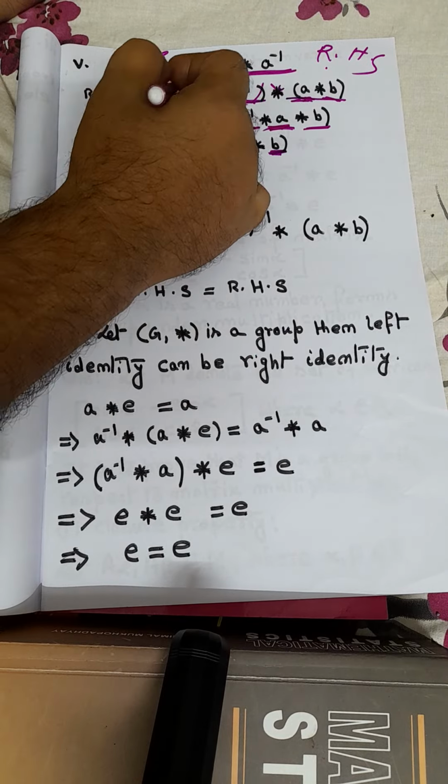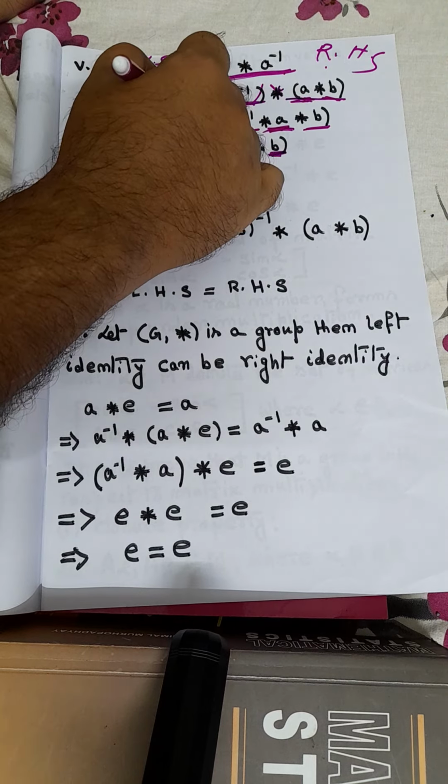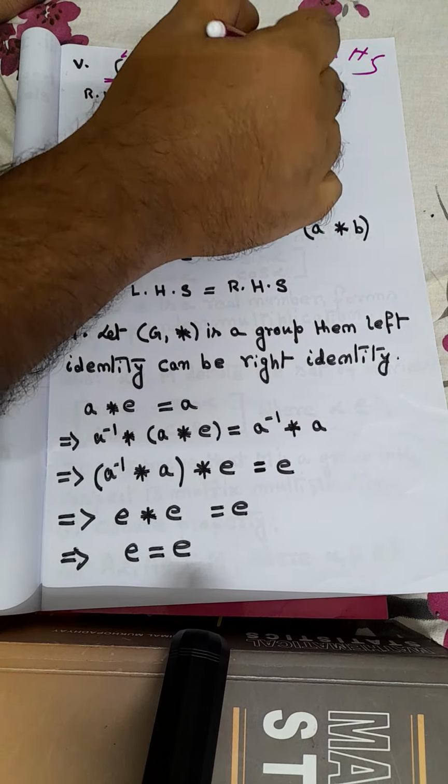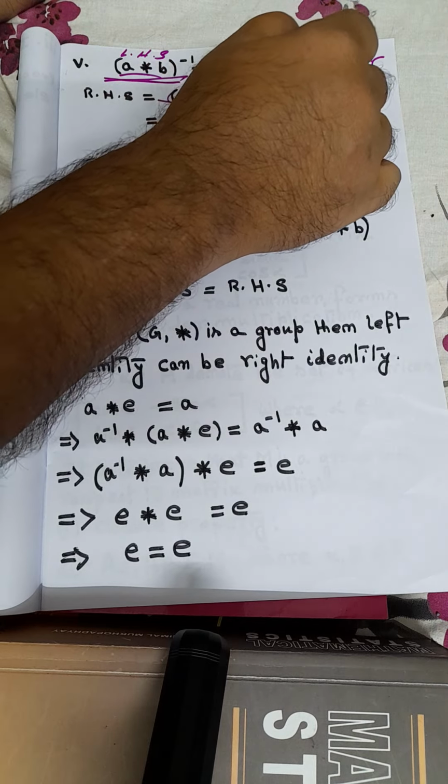Again, going through it: this is the right hand side, b inverse binary operation a inverse, and we do a binary operation with a binary operation b.